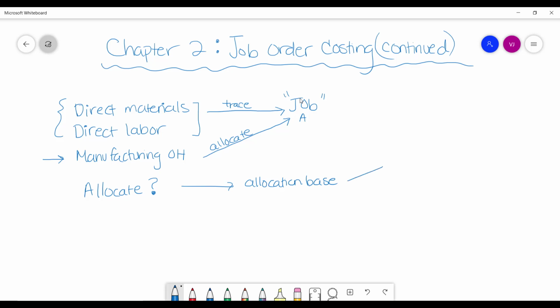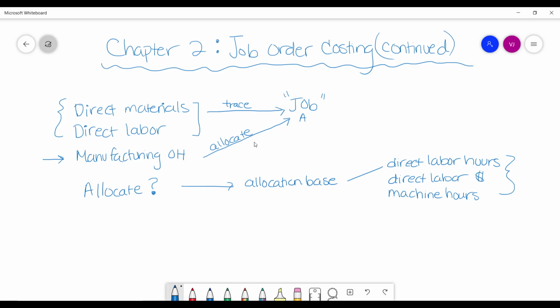Common allocation bases that we'll be using in this class are direct labor hours, direct labor dollars is another one we'll see, or machine hours. Since a lot of our focus will be on manufacturing companies, these are three main kinds of allocation bases that we'll see. Usually one of these three is used to assign manufacturing overhead to individual jobs.